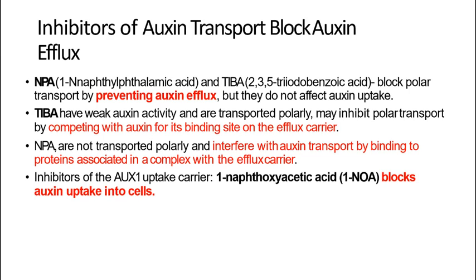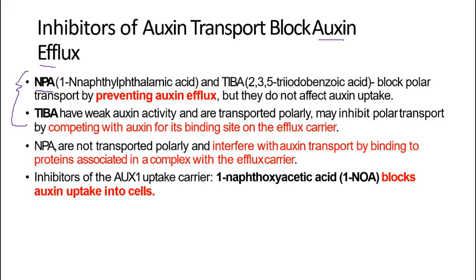Now, inhibitors of auxin transport block auxin efflux. Mainly, inhibitors are found that block auxin efflux rather than auxin influx. Two inhibitors are mostly found.